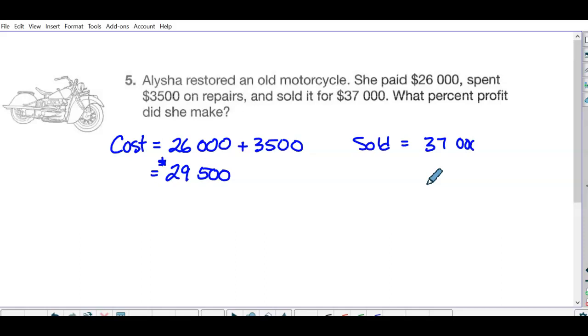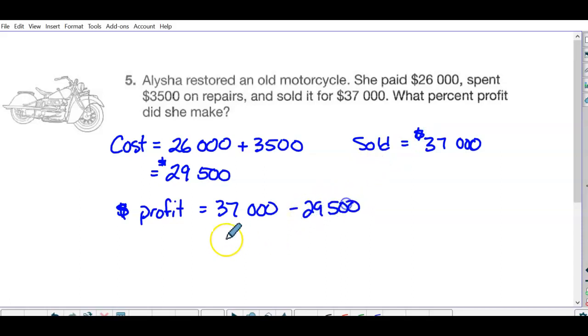Okay, so you want to compare the difference between those. So the dollar profit is the difference. I guess I forgot the sign. Okay, so really she made $7,500.